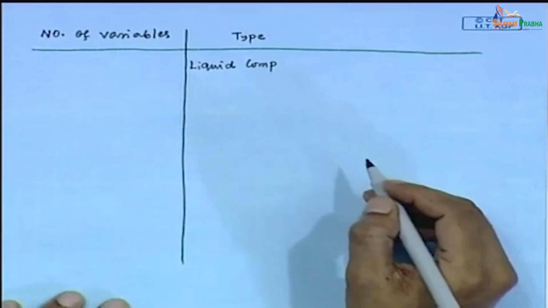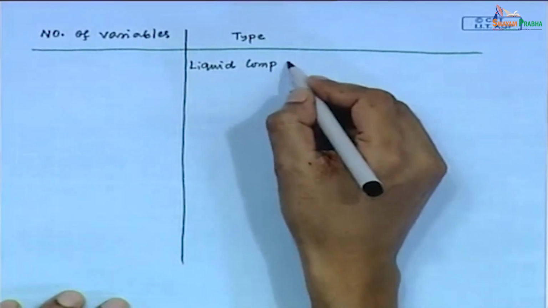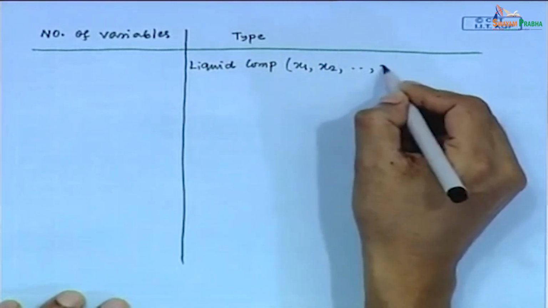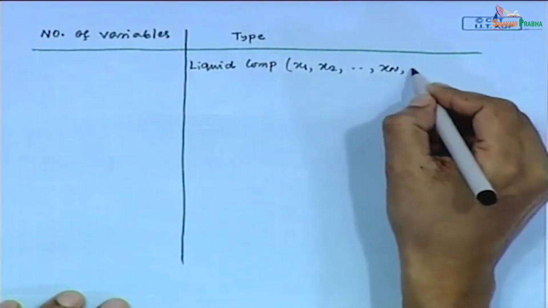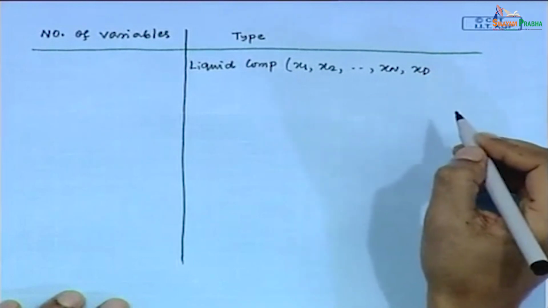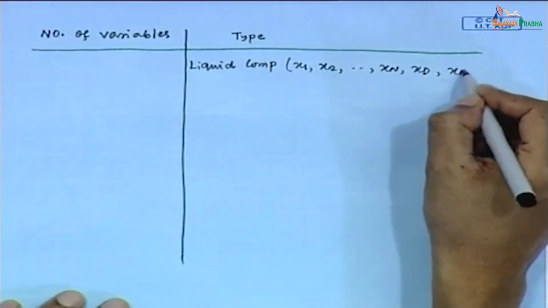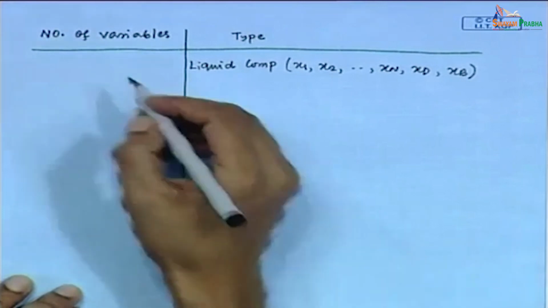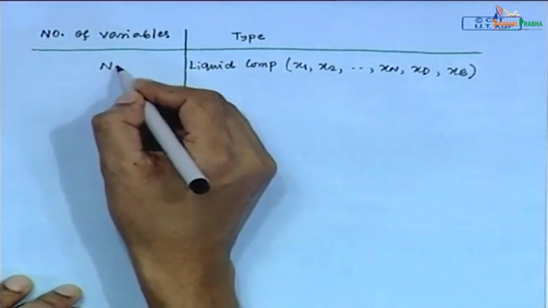How many liquid compositions are involved? X1, X2, up to Xn, one for reflux drum and one for column base. Fine. N liquid compositions for n trays, one for reflux drum and one for column base. So, n plus 2.